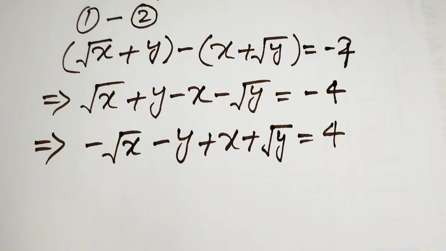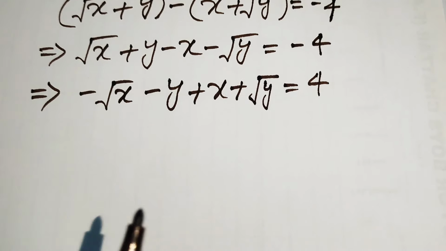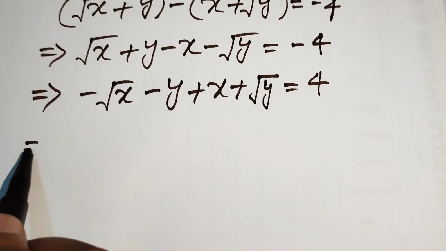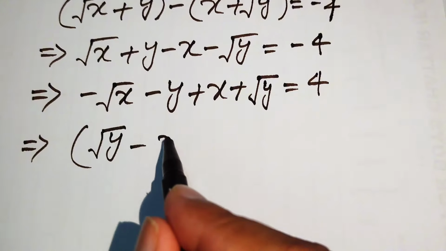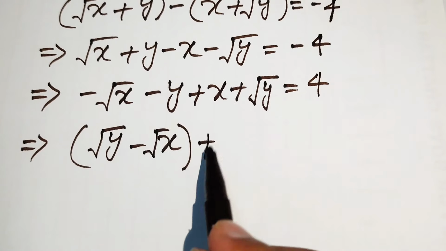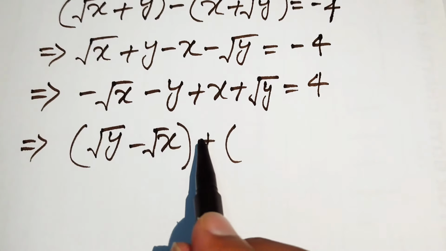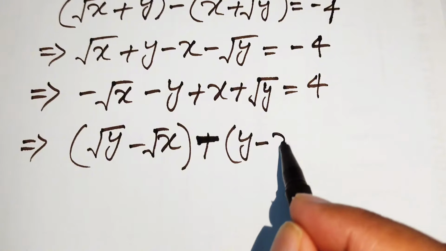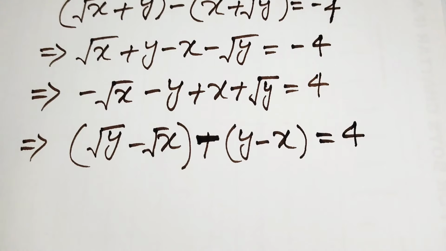Now we rearrange the terms, and first we write square root of y minus square root of x. Taking the common minus sign, we get y minus x equals 4.